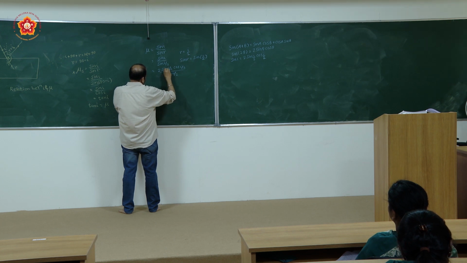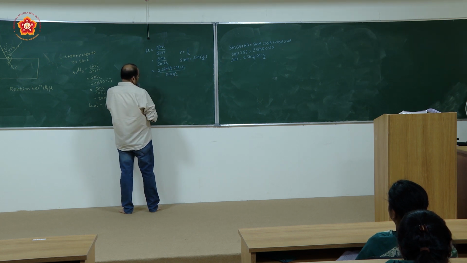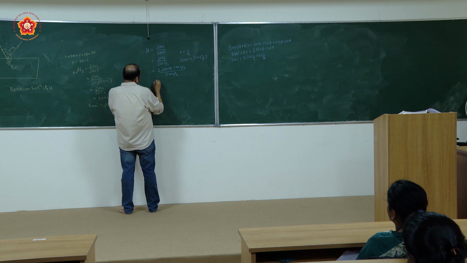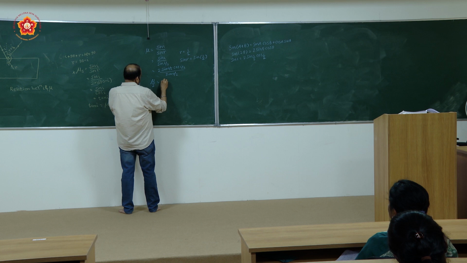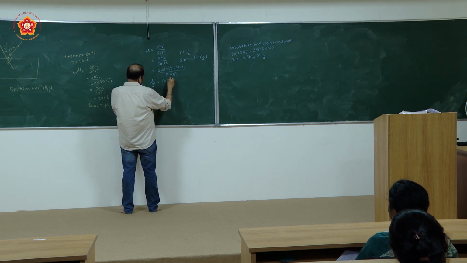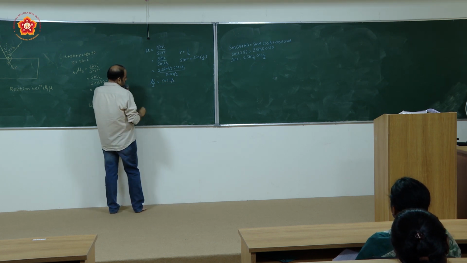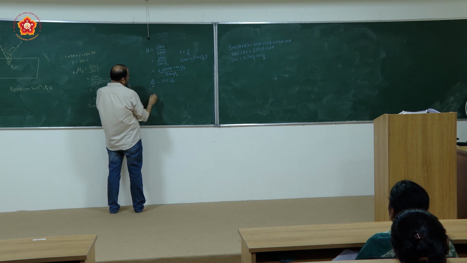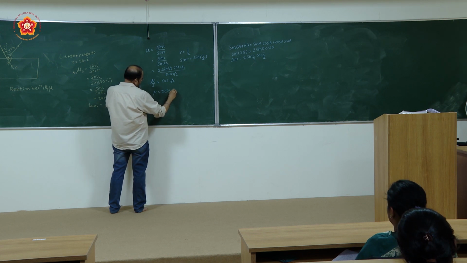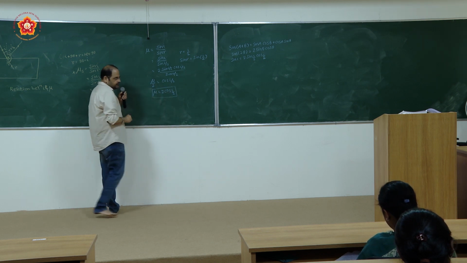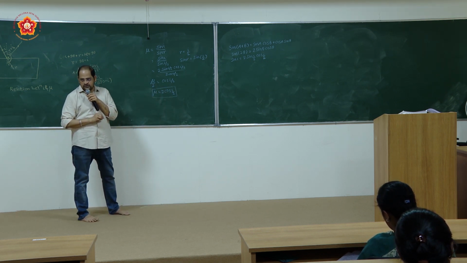The factor sin I by 2 now gets cancelled. You will have mu is equal to 2 cos of I by 2. We were asked to find mu, so 2 cos of I by 2 will be the answer. The refractive index was asked, right? This will be the answer.